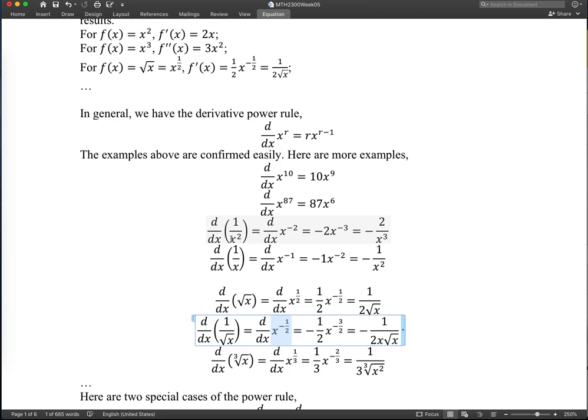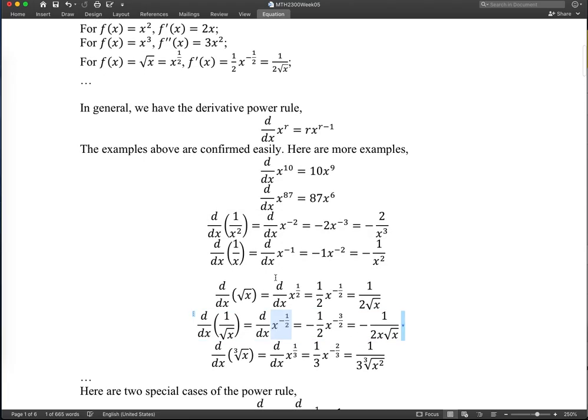You are going to convert this into a power function. For the square root of x, you're not allowed to jump inside the radical notation to get a derivative. You have to handle this entire thing as a power function. So square root of x, that's x to the 1/2.